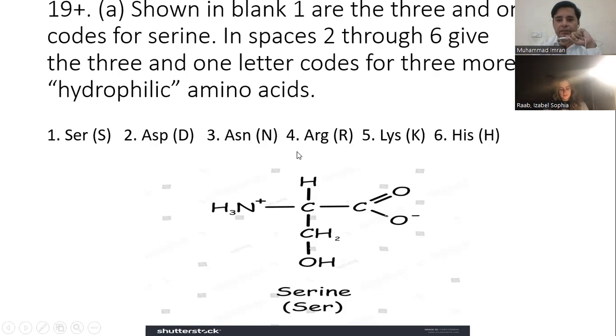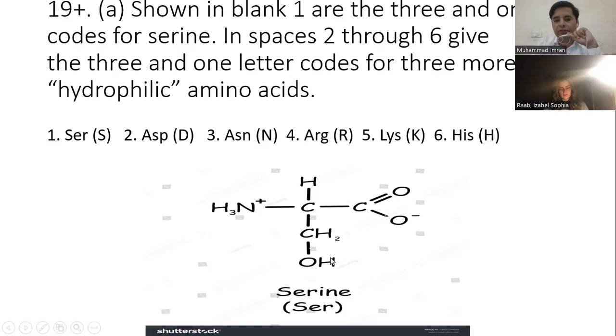And glutamic acid has two CH2 groups and then a carboxylic group. So in acidic amino acids, we have an extra carboxylic group on the side chain, and in basic amino acids, we have an extra amino group on the side chain.